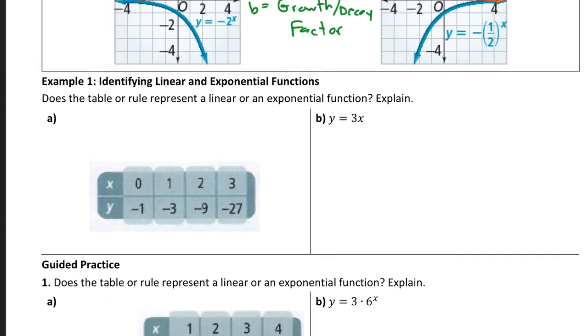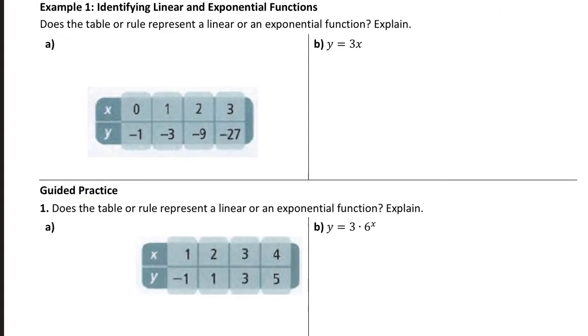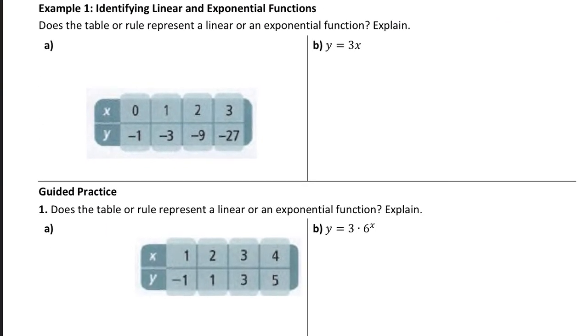So in example 1, we're just going to tell the difference between linear and exponential functions. So in part A, we look at a table, and basically what you're looking at is the pattern in this table, the change in the y values. Now, in general, x values are going to change by a consistent amount, meaning the x values are going to change by adding 1, 1, 2, 3. They might go up by 2s, 4s, 5s, but we're looking at the change in the y values.